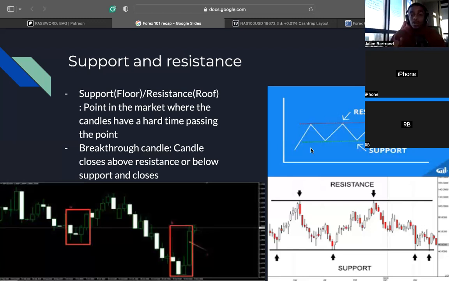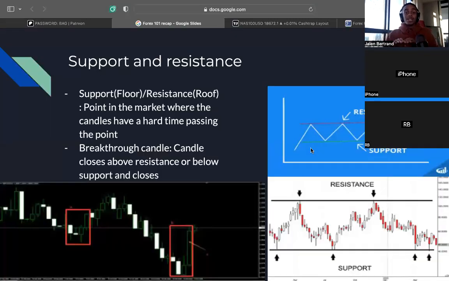You have to understand that now it's switched. Where we are on that second floor is now our support. It's now our base. That's what that pretty much is. It is our base. And now the floor above is our resistance.